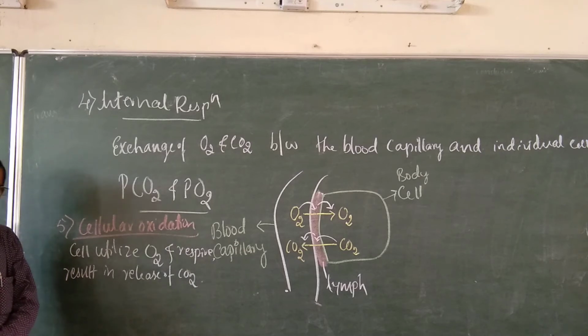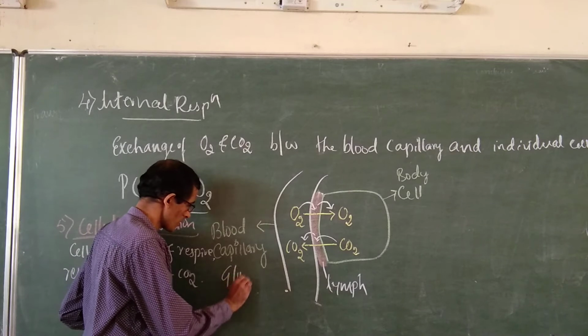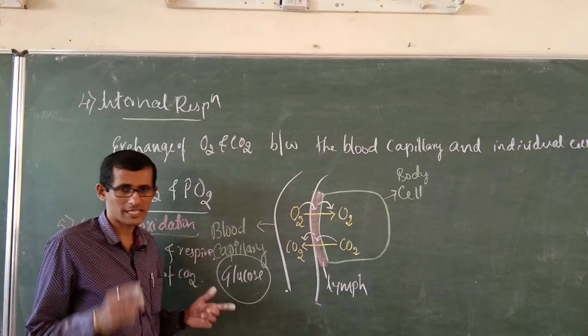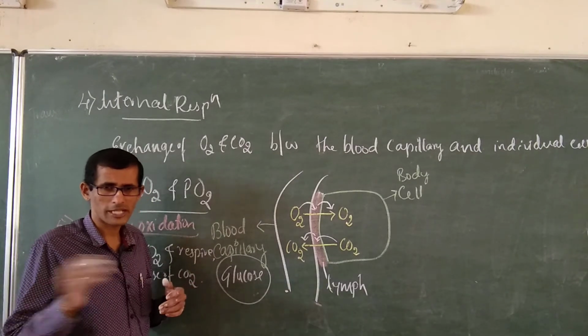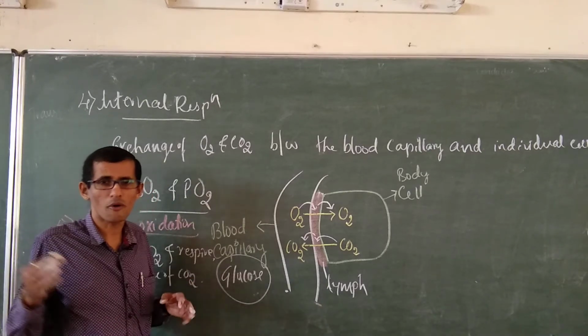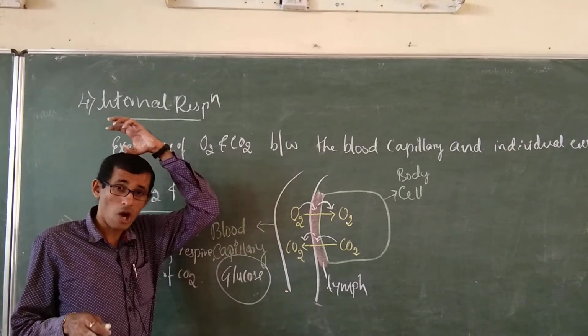Release of energy, if you take example glucose, glucose will enter into the cell after the digestion, blood will transport that glucose into the cell, and the cell is going to utilize that glucose as a source of energy. For the release of energy, it requires oxygen.